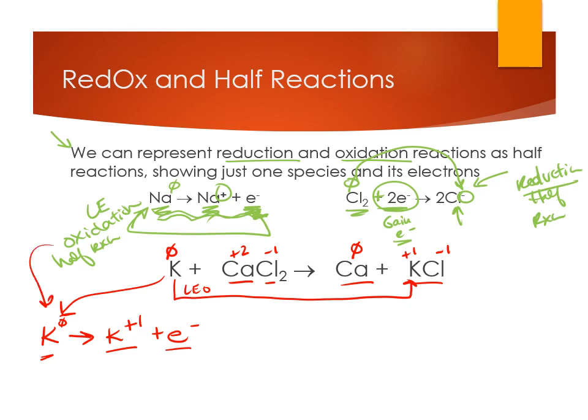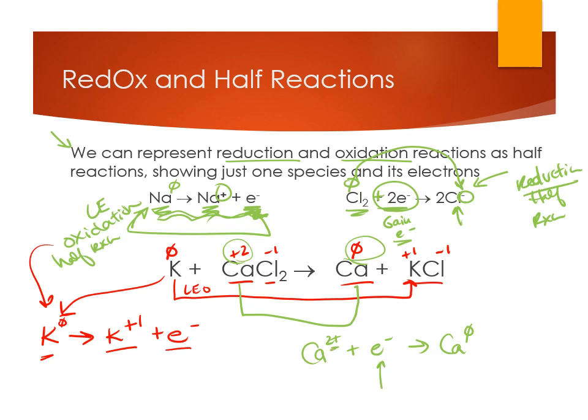What about our reduction half reaction? Who was reduced? Whose charge went down? That's going to be the lovely calcium. Calcium went from a +2 down to a 0, +2 down to 0. So let's see here. To write our reaction, we're going to go from calcium +2. We're going to add electrons and get to calcium 0. Is 1 electron sufficient though, my friends?